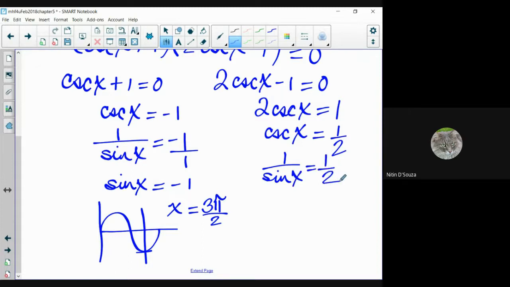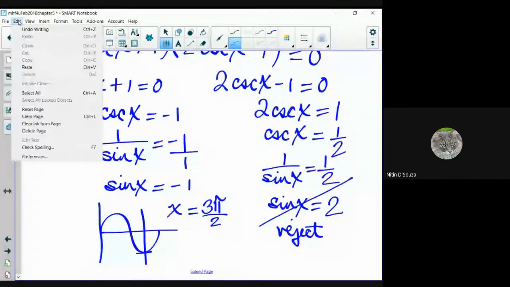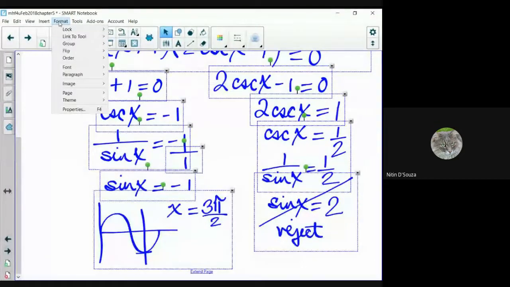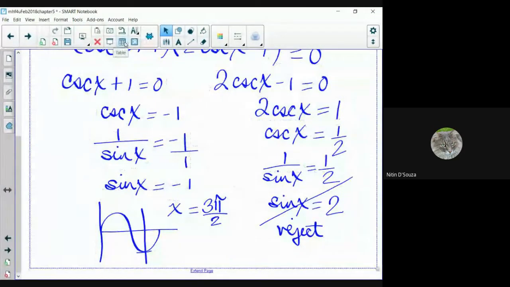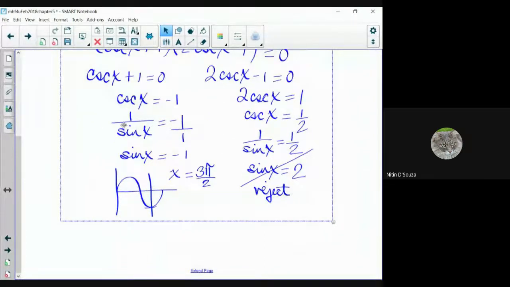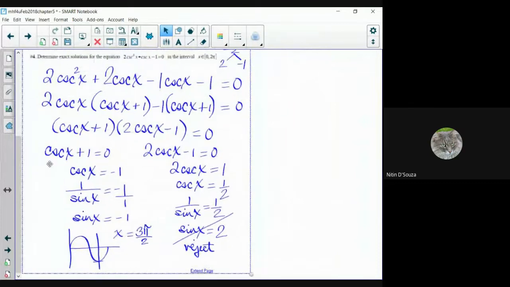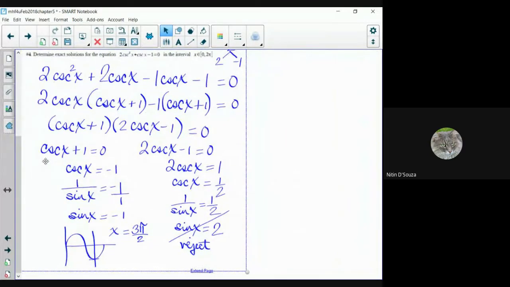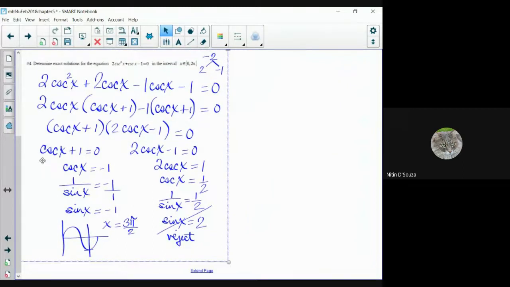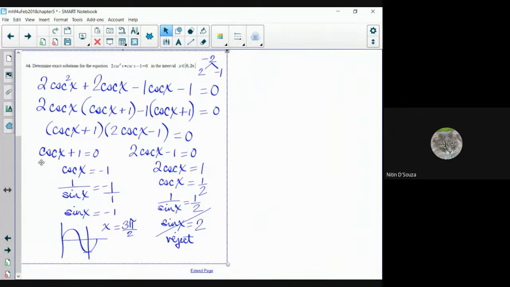So when you flip both sides, sine x is equal to 2, which is nonsense. So that's how you do it using factoring. Okay? That's one way.